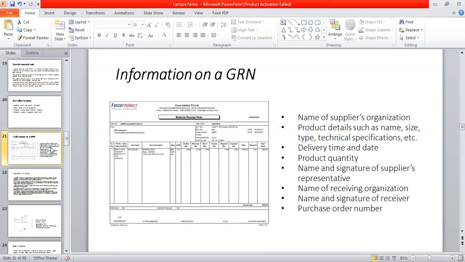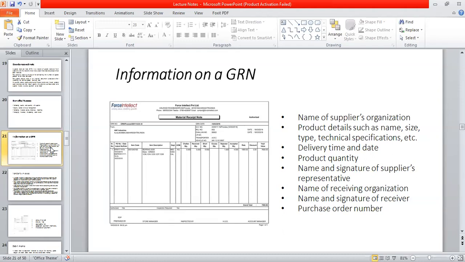The information on this goods received note includes, but is not limited to, the name of supplier organization, the product details such as the name, the size, type, technical specifications, and so on, the delivery time and date, the quantity, name and signature of the supplier's representative, name of the receiving organization officer, name and signature of receiver, and the purchase order number.